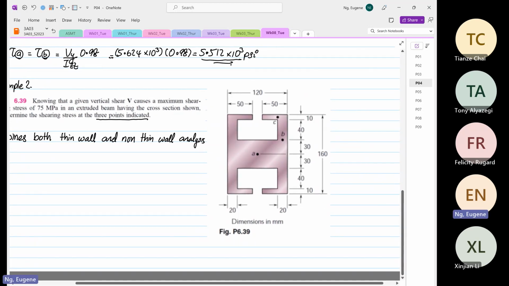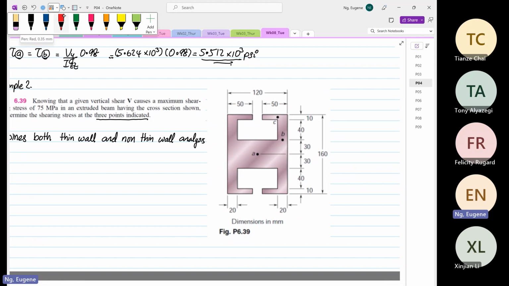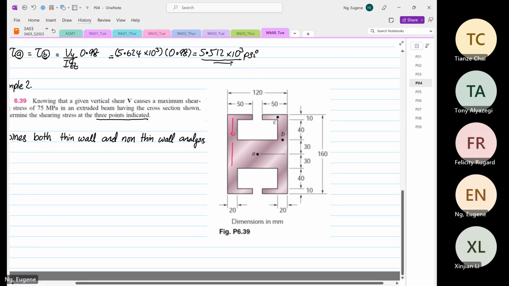So we will draw our shear flow in our major web, right? And our major web flow this way. This is our major web flow. That's our major web. Right? And then it finishes off here. It starts off here. So this is our terminal 1, terminal 2, terminal 3, and terminal 4.